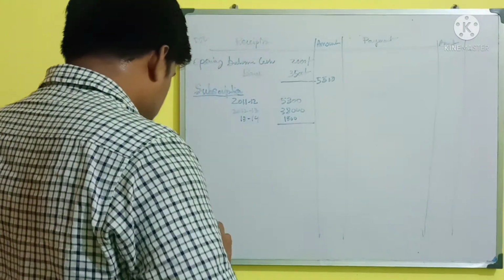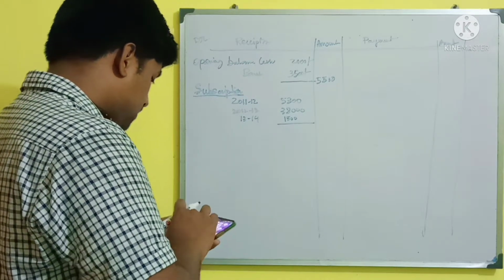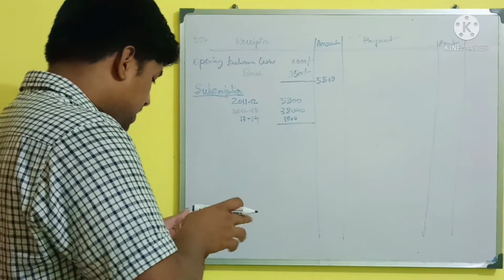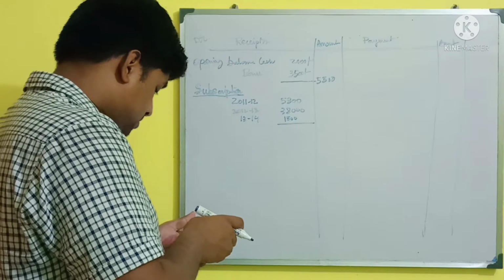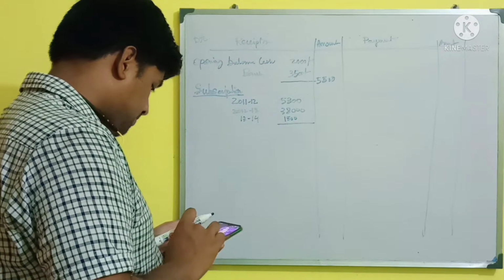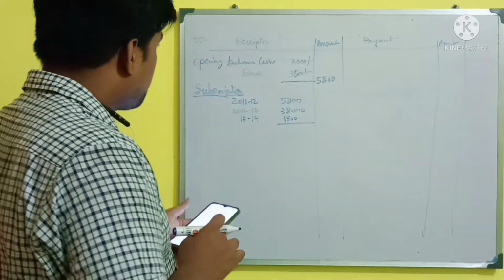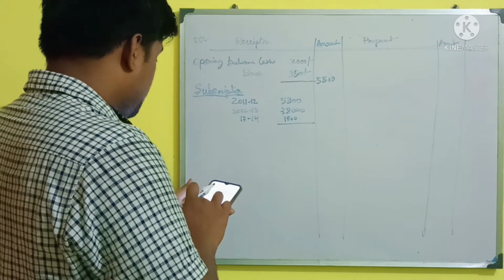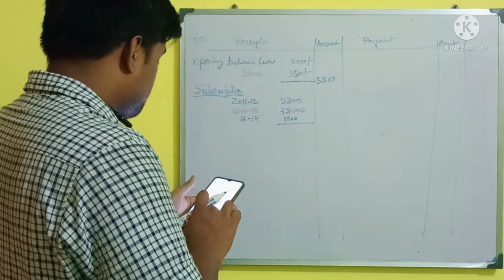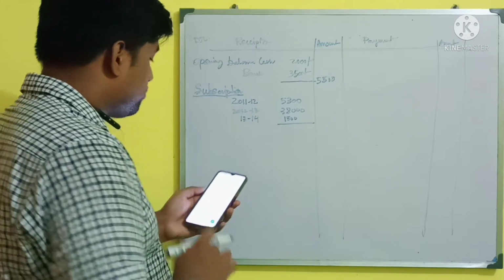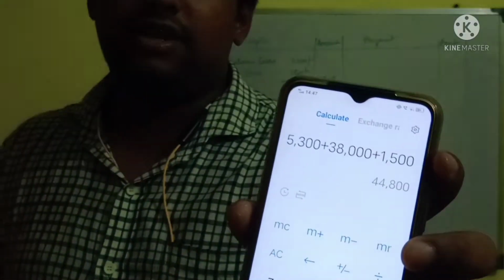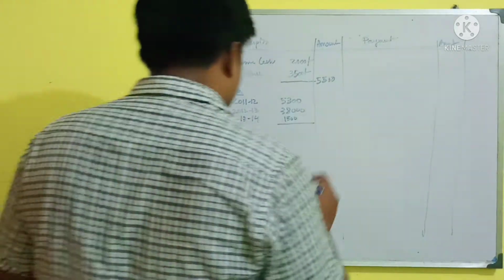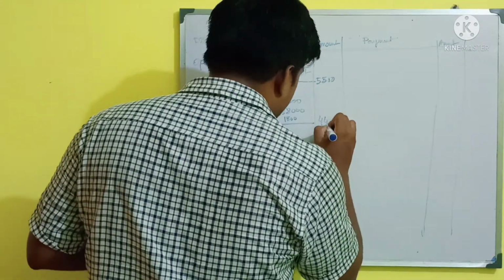So the total will be, let me open the calculator over here. 5,300 plus 38,000 plus 1,500. It is showing 44,800. Let's write it down here.